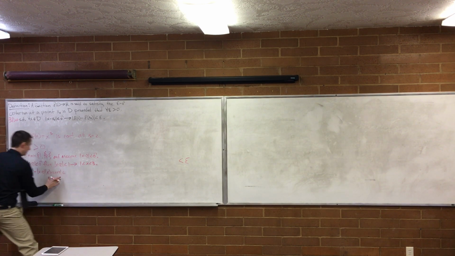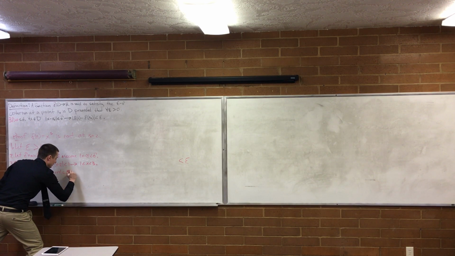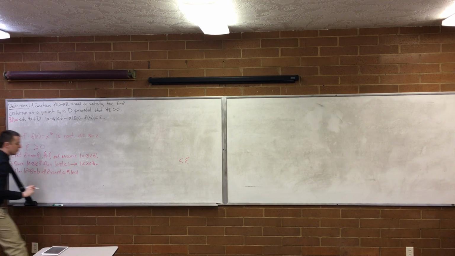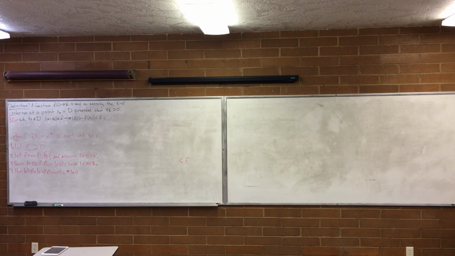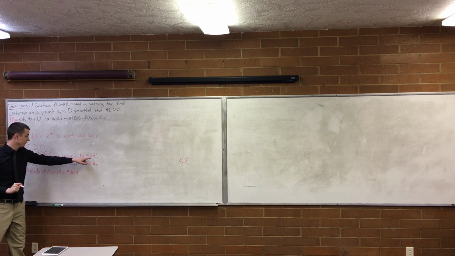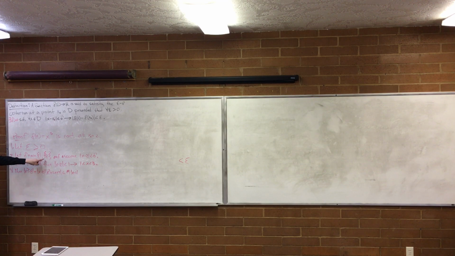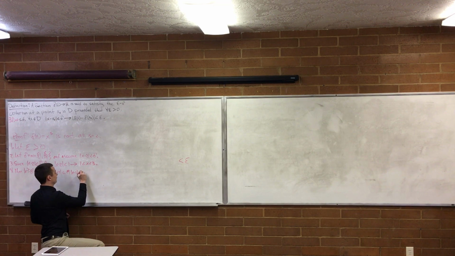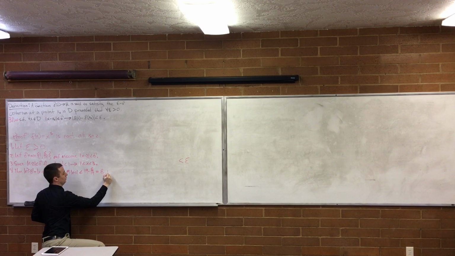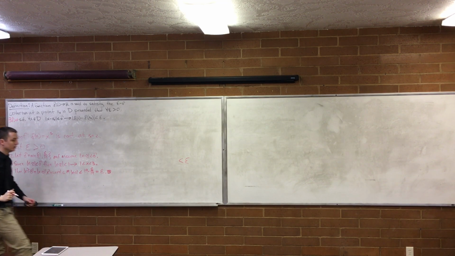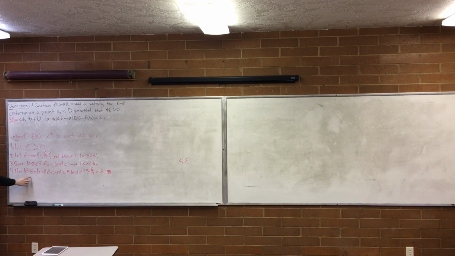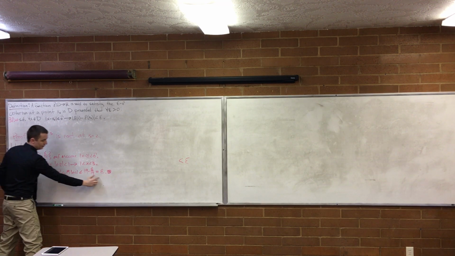So that's less than or equal to 19 times the absolute value of x minus 2, right? Now, |x minus 2| is less than delta, which is going to be either equal to or less than this thing, right? So this is less than 19 times epsilon over 19, which is equal to epsilon. And we're done. It has to be less than epsilon.